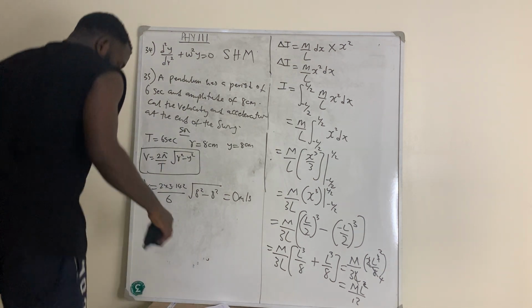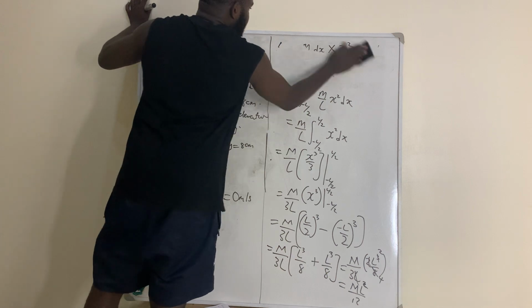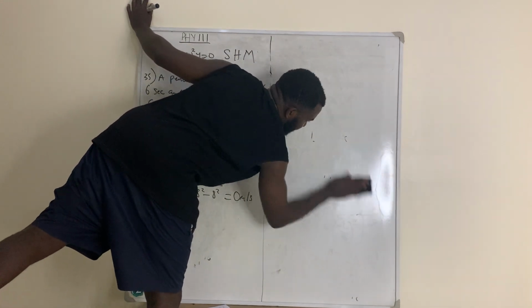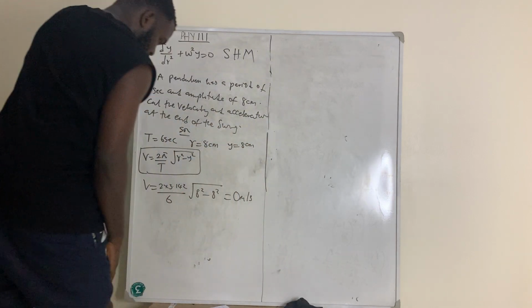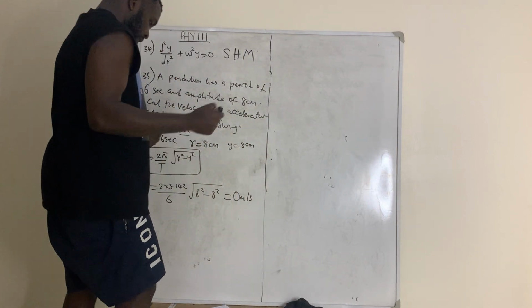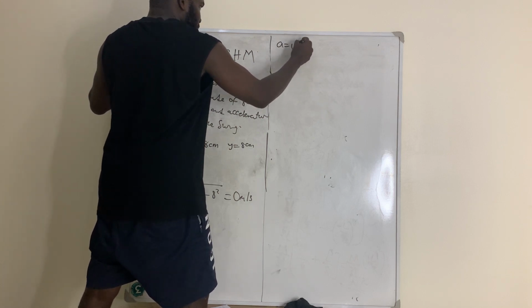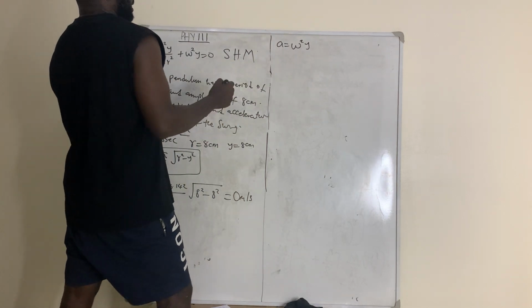So the next thing you are calculating is your acceleration. To calculate the acceleration, your acceleration a is equal to omega squared y.